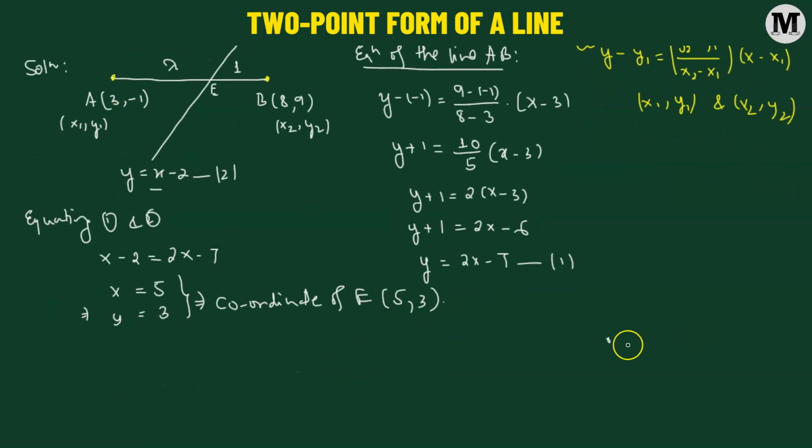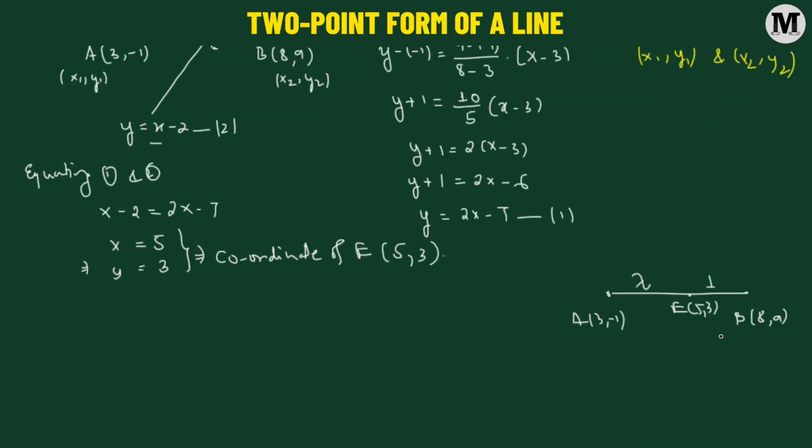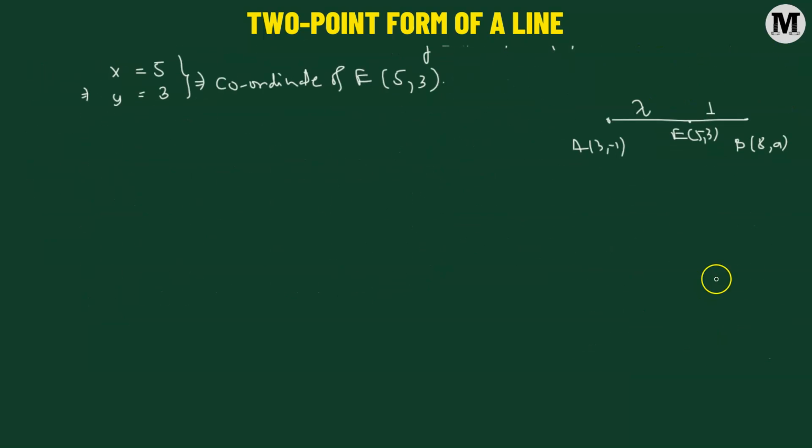Now let's redraw our diagram. Here we have the point A with coordinates (3, -1), B has the coordinates (8, 9), and the point E has the coordinates (5, 3). Now E is dividing A and B internally in the ratio lambda is to 1. We can use the internal section formula to obtain the value of lambda.